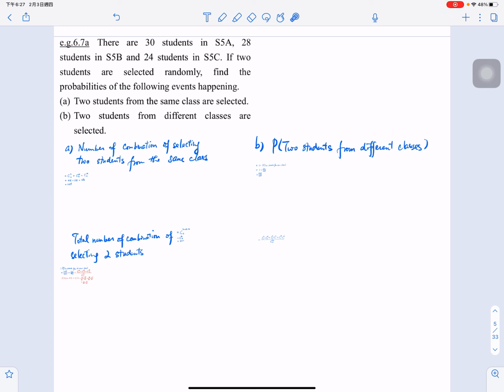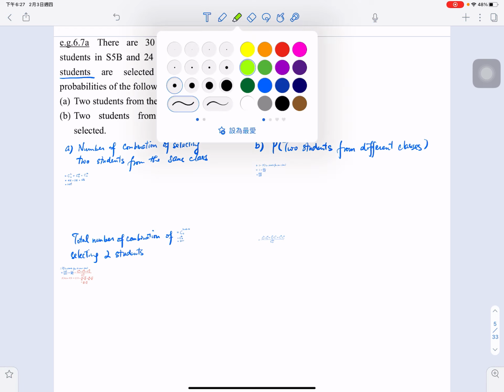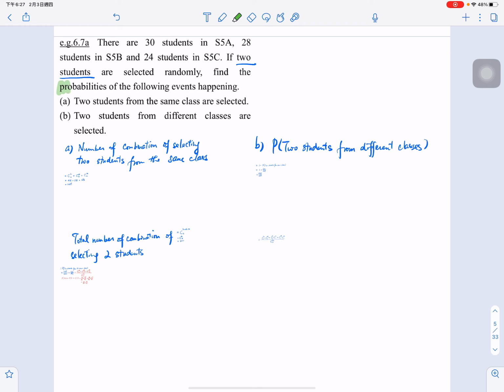Probability question. Let's see. Here there are 30 students in 5A, 28 in 5B, and 24 in 5C. If 2 students are selected randomly, find the probability. Now remember, if the question is about probabilities, your answer should be between 0 and 1.